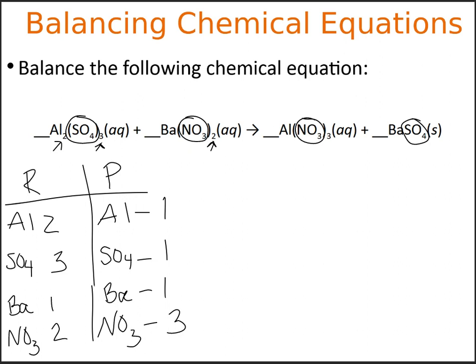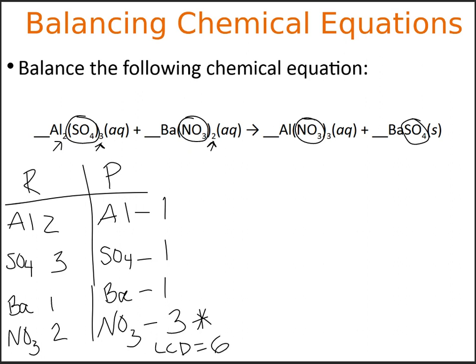We're going to start with the most complex, and that is right here, the nitrates. We have 2 on the reactant side and 3 on the product side. Our lowest common denominator, which you'll see a theme, is 6.